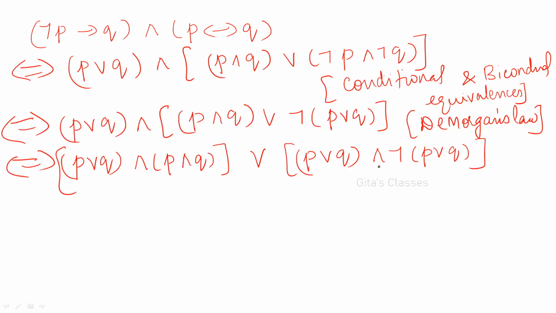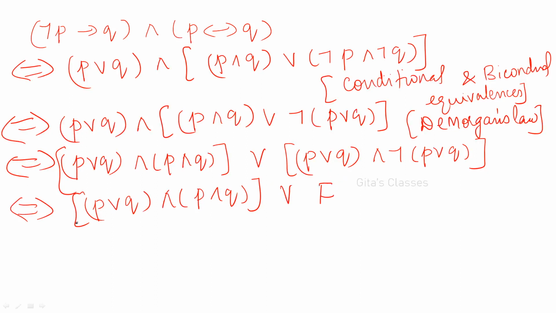Now we have P and not P. What is P and not P? It is F. P and not P is F. So this is F, and it is equivalent to, now we have P or Q and this one.